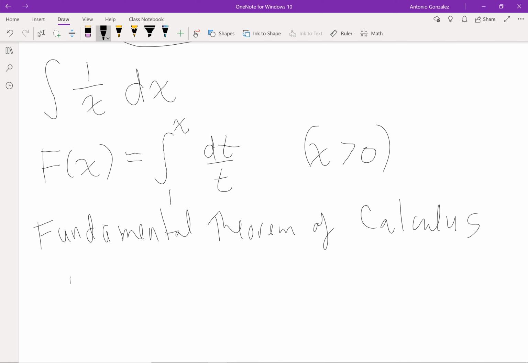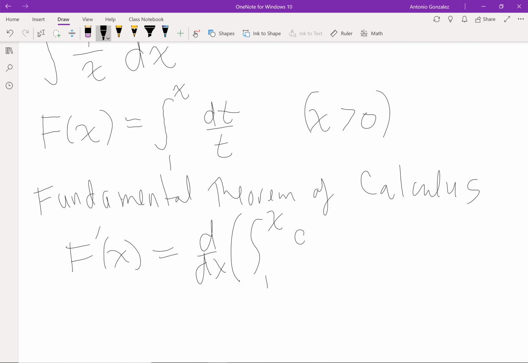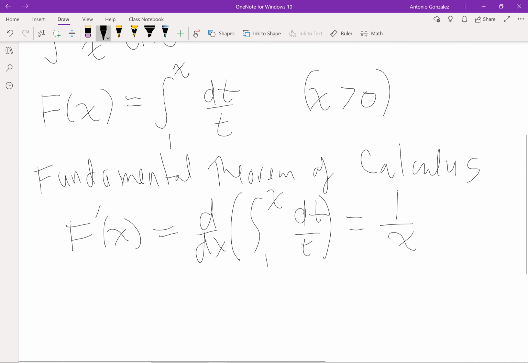I know that the derivative of this function f of x, the derivative with respect to x of the integral from 1 to x of dt over t, is 1 over x. Again, that's just an application of the fundamental theorem of calculus. So I know that theoretically I can take the derivative of this function that I've defined in this way.